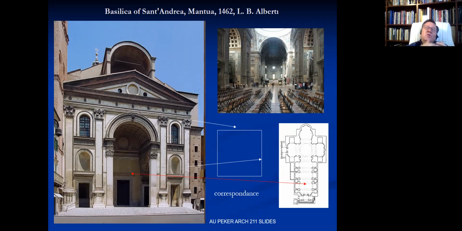Also, we traced the impact of the cross and square church type, you know, with the arms opening east and west. And we had great facades of Byzantine influence, of Byzantine type. What else? We had the Qibla axis.